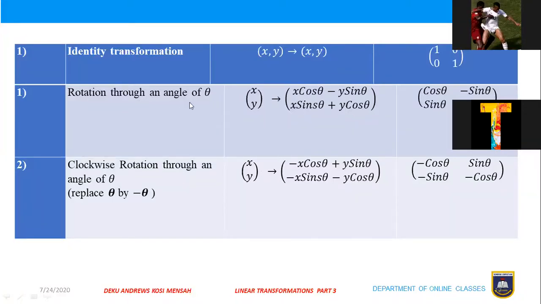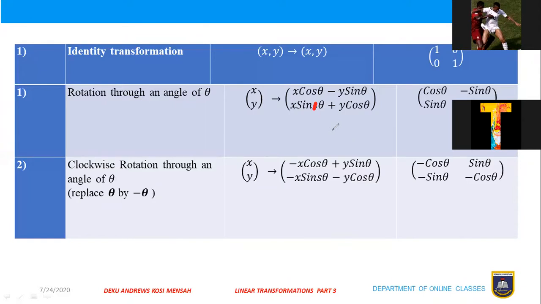Rotation through an angle of theta is given as (x, y) maps to x cos theta minus y sin theta, x sin theta plus y cos theta.